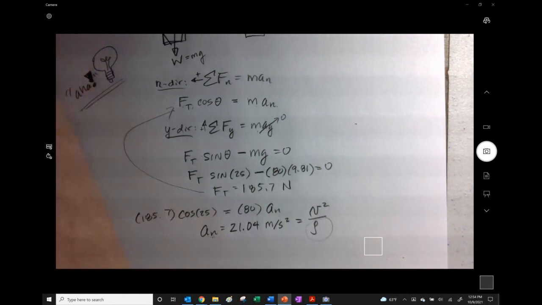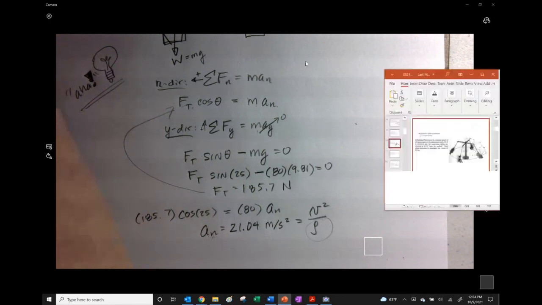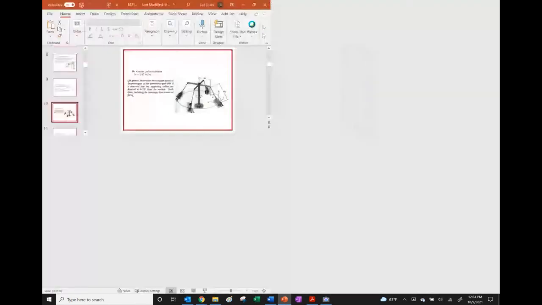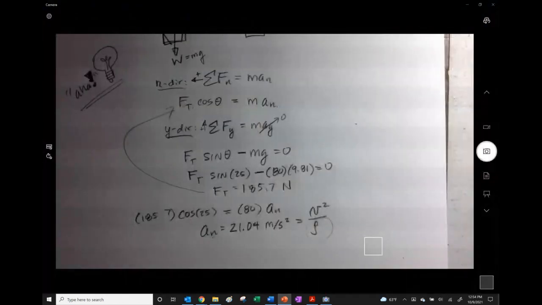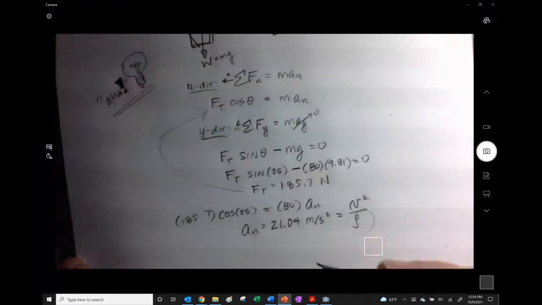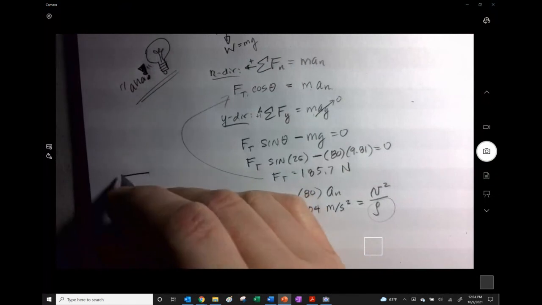We need to do a little bit of geometry because of this arrangement. You see that there's 4 meters to this, but this is 6 meters long. So we need to find the radius right in there. So there's a little bit of an extra piece of math that we have to do. It looks like this right here.